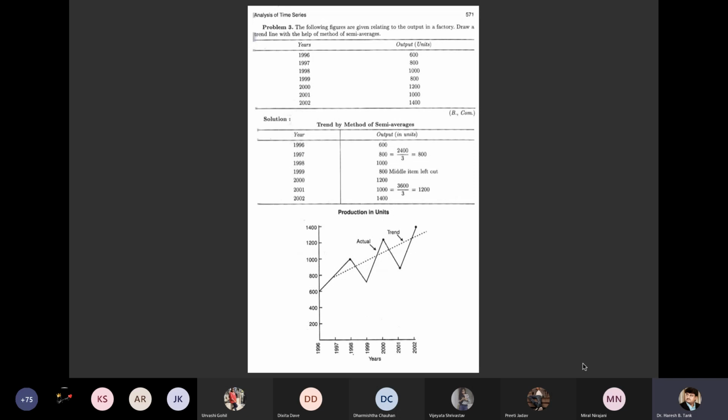And the second point to be plotted on the same graph paper is 2001 and 1200. Now, connect these 2 points with a dotted line. When you connect these 2 points with a dotted line, that line becomes the trend line.